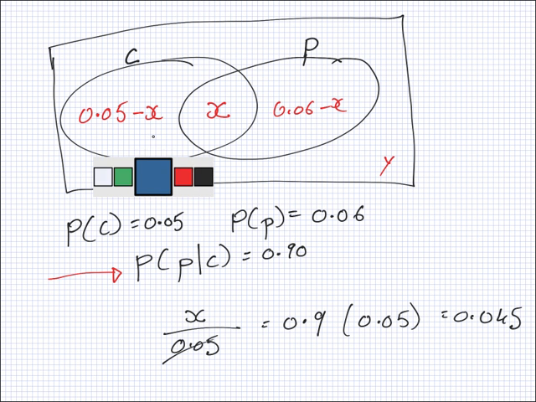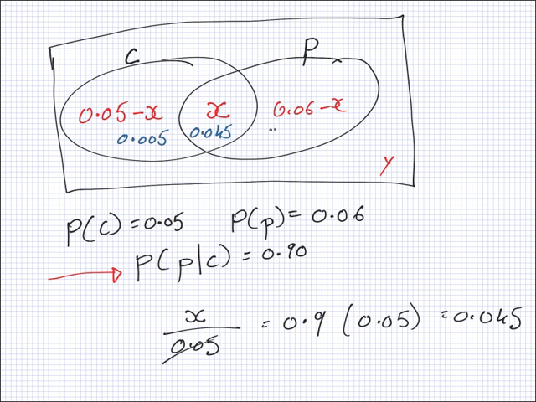So let's start filling in numbers. This here is 0.045, which means this must be 0.005, which means this must be 0.055. Is that right? I think so. And the total adds up to 1. So what is the total here? That is 0.05 plus 0.055, which is 0.105, so I think 0.895 goes here, if I did everything right in my head.